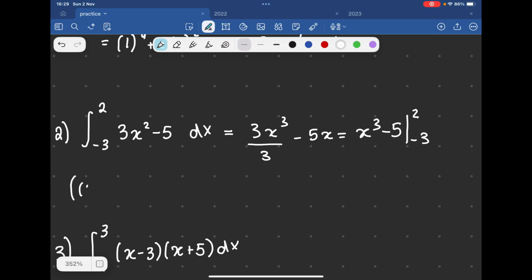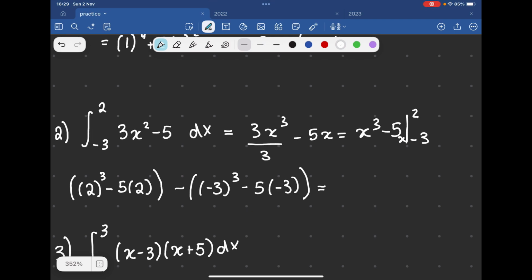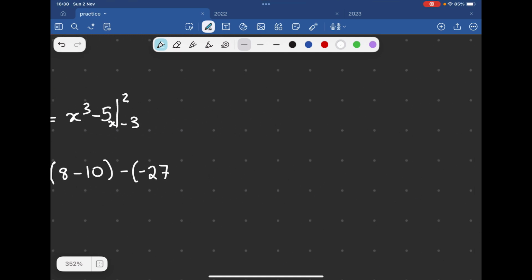So we're going to have 2 to the power of 3, take away minus 3. 8 minus 10, minus 27 plus 15, which is equal to minus 2 minus 12, which is equal to 10 units.